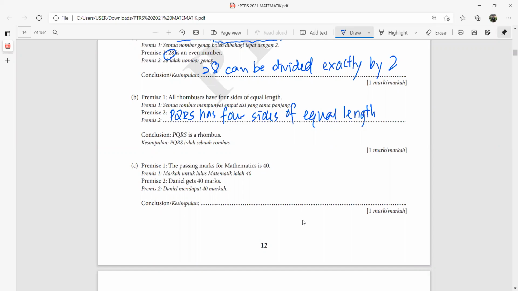The passing mark of mathematics is 40. Daniel gets 40 marks. So Daniel, you have to use the example that they use. Daniel gets 40 marks, so he passes mathematics. Sometimes questions can be like that. You cannot just exactly copy it. You can just understand the concept.